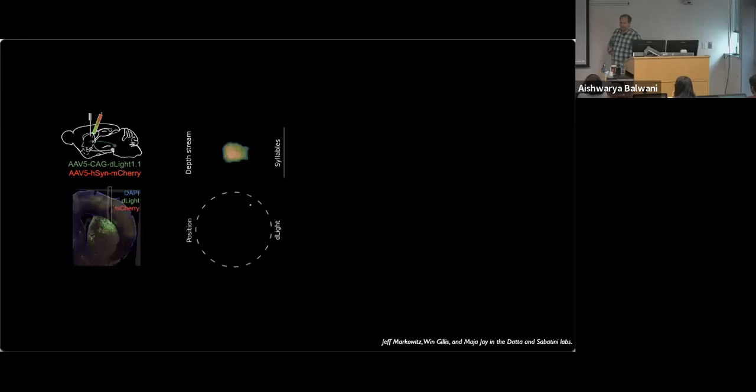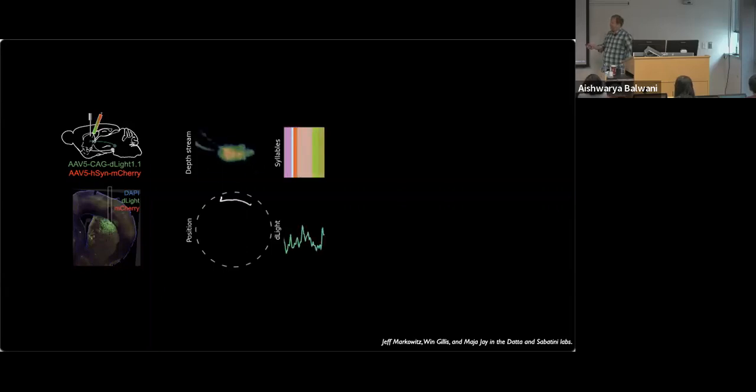And so what we've done, again very recently, with work that was led by Jeff in collaboration with Wynn and Maya in the Data and Sabatini labs, is to go in and record not calcium transients from individual neurons, but rather the bulk activity of a dopamine fluorophore, D-light, that's been expressed in these same neurons in the dorsolateral striatum.